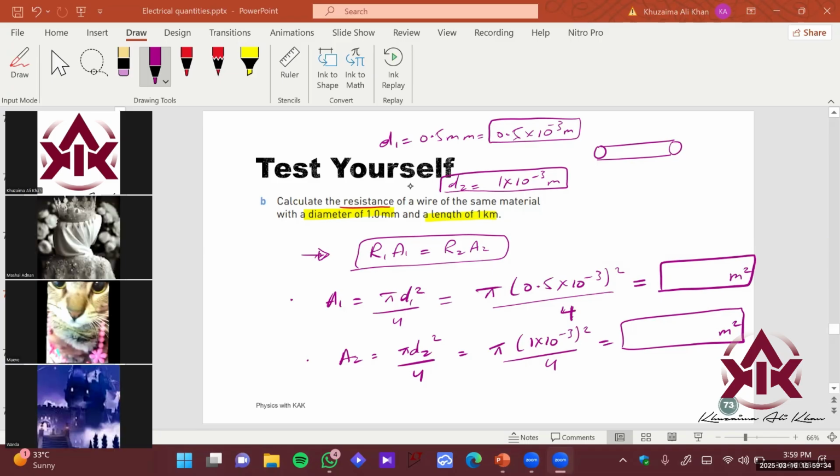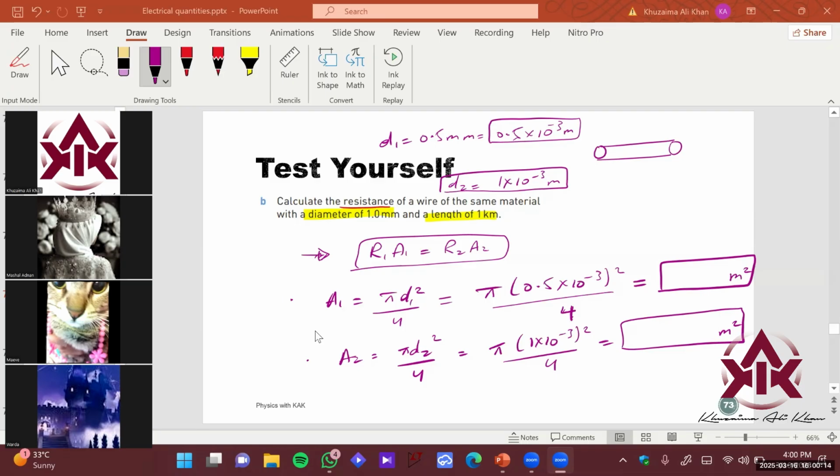I'm waiting here. Mushal, what is the answer for area 1? Or Varda or Maeve? Am I audible? Hello? Check 1, 2, 3. Okay, Varda, tell me the answer quickly.